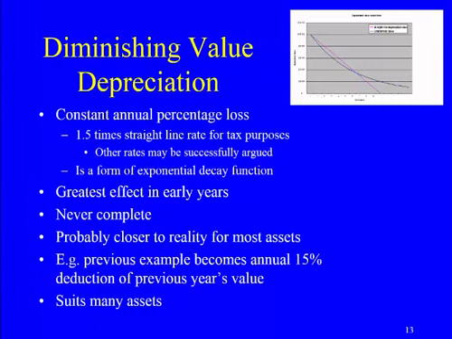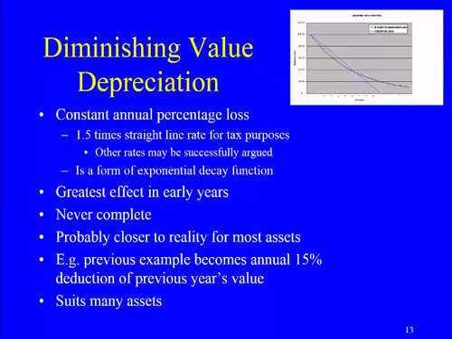This has the advantage that when we look at the graph, which is shown here in the blue trace, at the beginning of the depreciation schedule, the rate of depreciation is somewhat faster than by straight line. And so for this reason, for taxation purposes, diminishing value depreciation is considerably more popular.